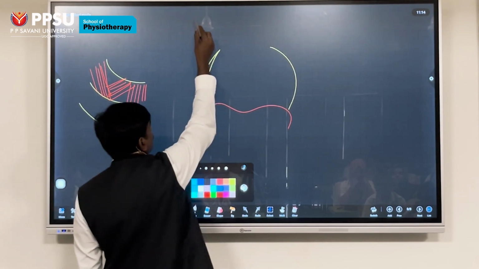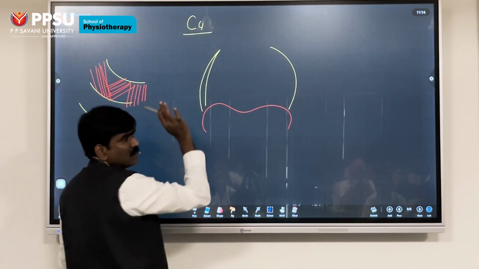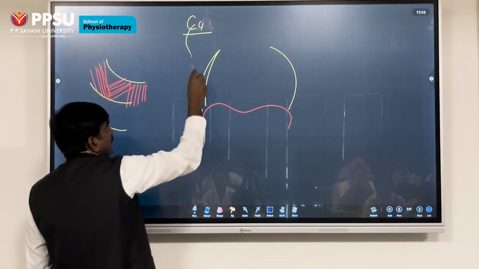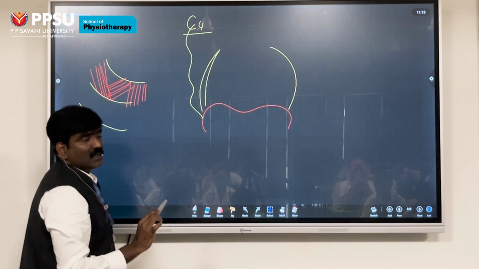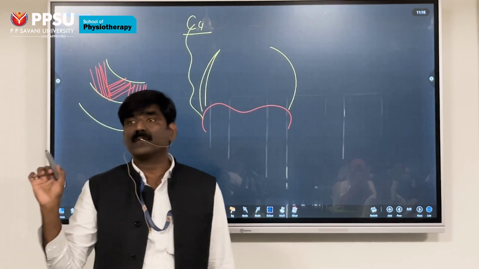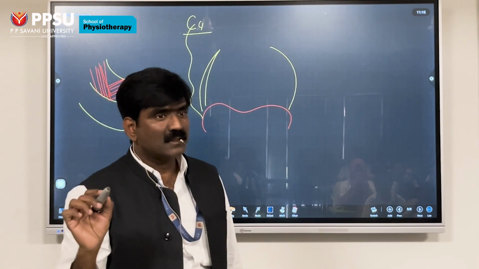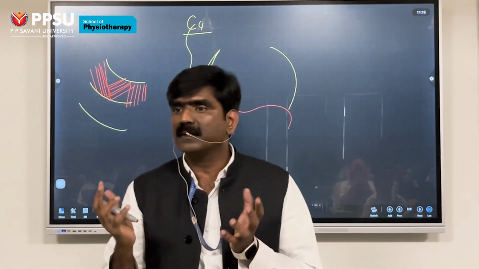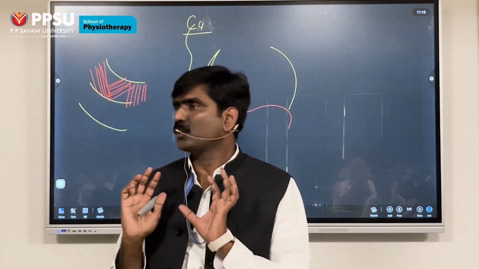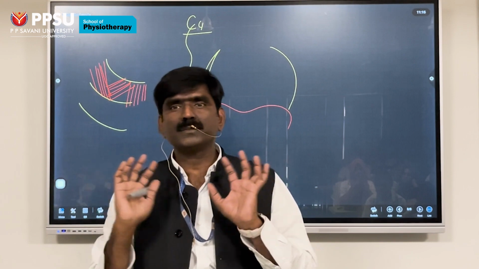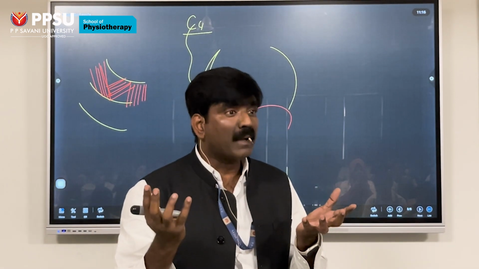We have taken the example of a below C4 level lesion, right? The phrenic nerve is intact, the diaphragm muscle is intact, and the intercostal muscles are paralyzed. Intercostal muscles are supplied by the thoracic nerves.